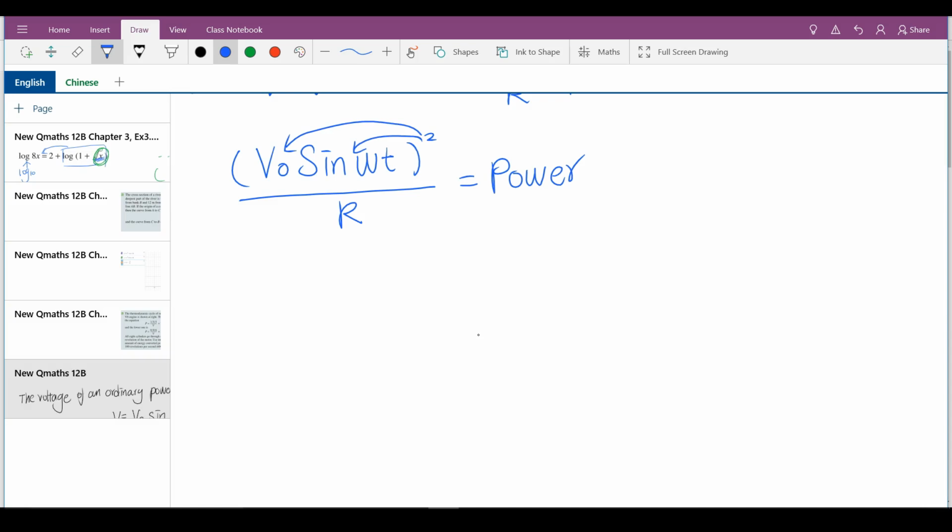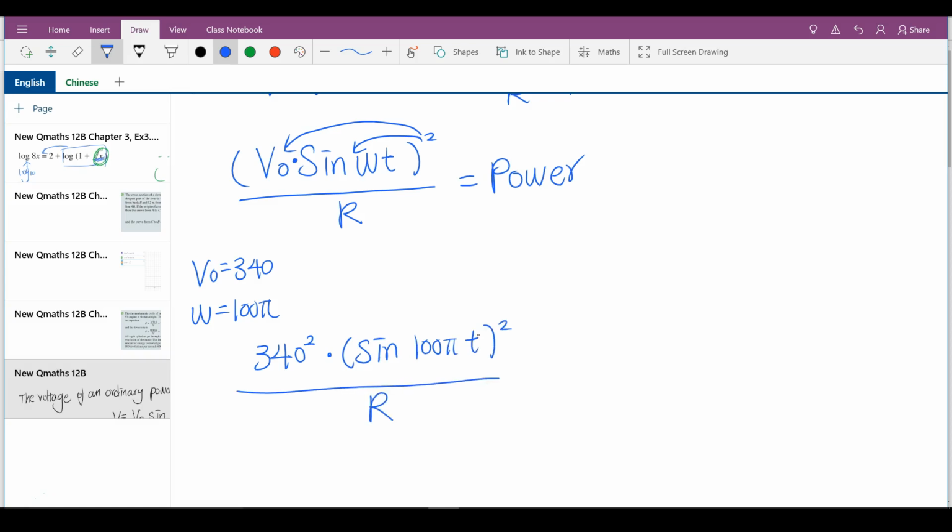Now we know V0 is equal to 340 and ω is equal to 100π. So we actually get 340 squared multiplied by, because in between is a multiply sign, sin squared of (100πt), all over R is equal to power.